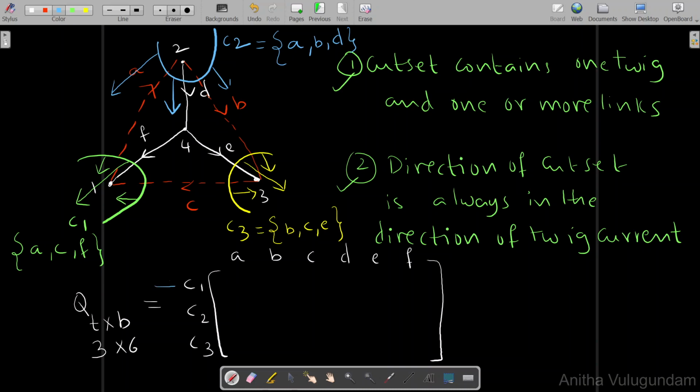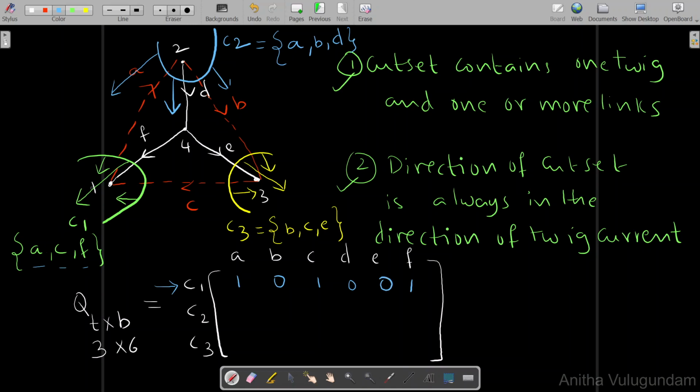Let us fill the first row C1. We have the branches A, C, F, so put A, C, F first. Later we will decide whether it is +1 or -1, and remaining elements will be 0 because they are not involved in this cut set.